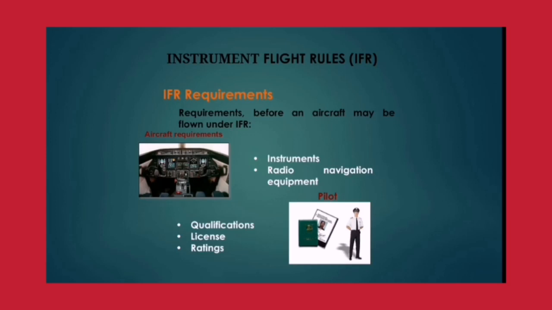The aircraft must be fitted with instruments, which are basically the primary instruments, such as the HSI, AH, altimeter, SI, and these could have some other additional instruments that will enable the pilot to control the aircraft. The second, under the aircraft requirements, is the radio navigation equipment, such as the VOR, the GPS, the transponder, the locator beacon.